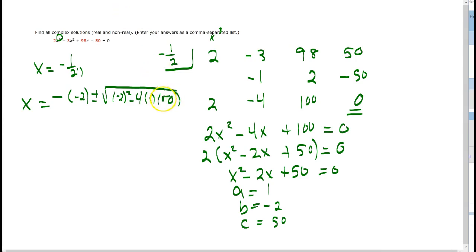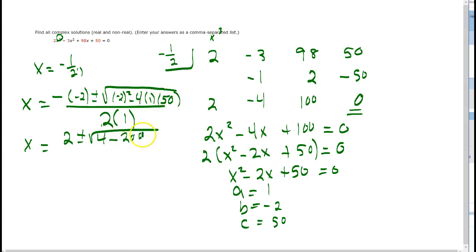And that's all over 2 times A, and A is 1. So negative B plus or minus the square root of B squared minus 4AC over 2A. And let's simplify. That's going to be a 2 plus or minus the square root of 4, and then 4 times 50, actually it's a negative 4 times 50, which is negative 200, over 2.